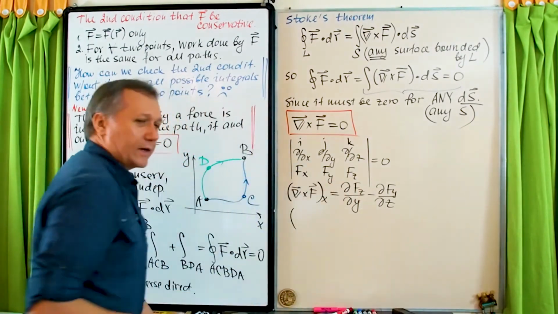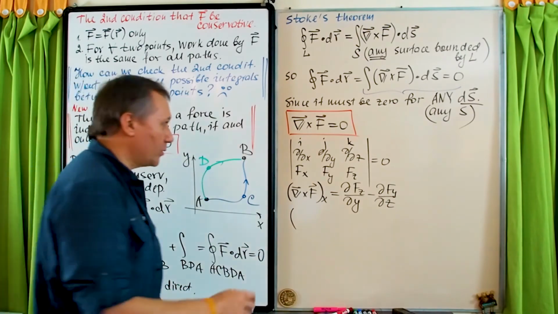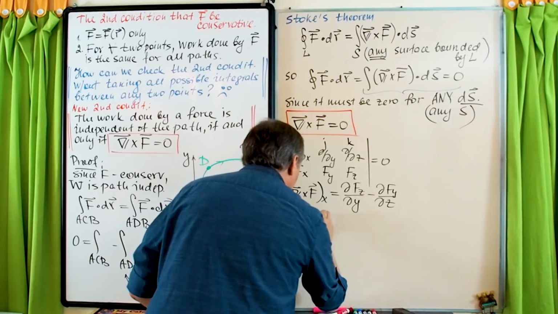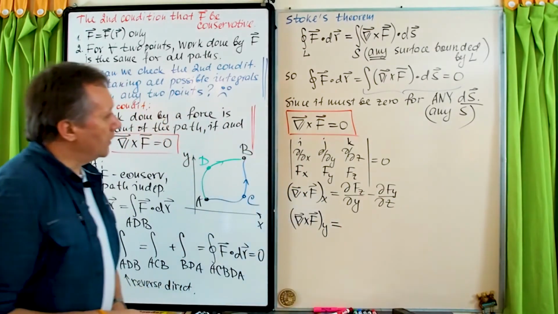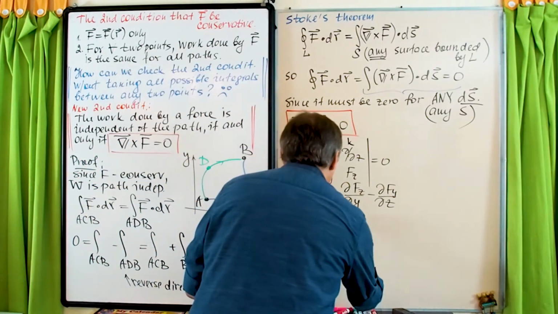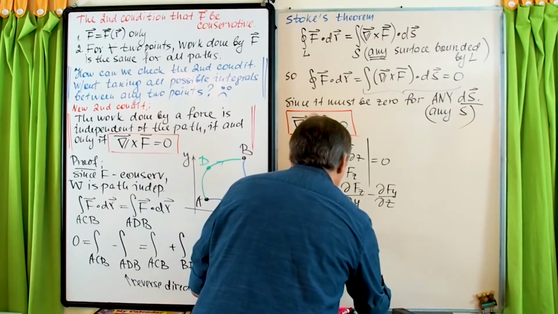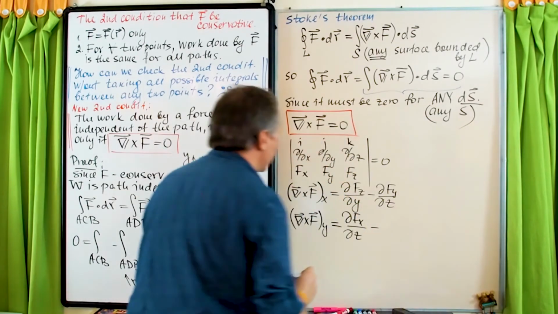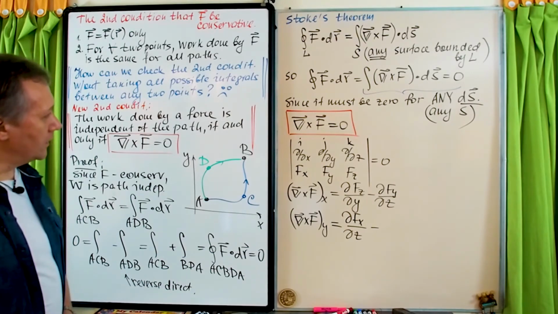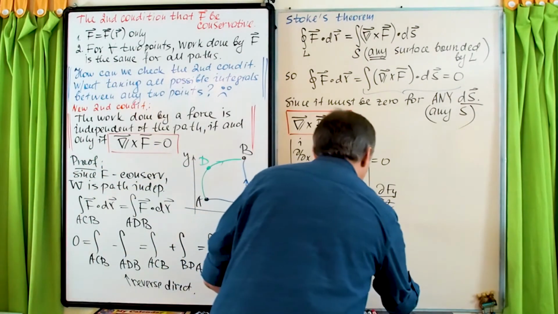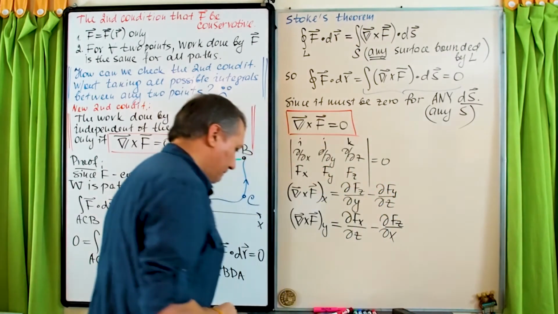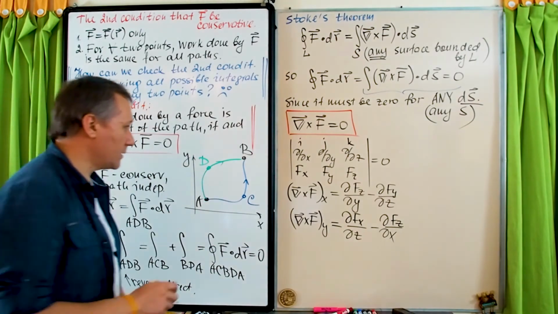I will just use only the x component, but anyway, let's write all the components. Curl of F y component, it will be with minus, so we can start with that diagonal. So it will be partial derivative of Fx with respect to z, minus partial derivative of Fz with respect to x.